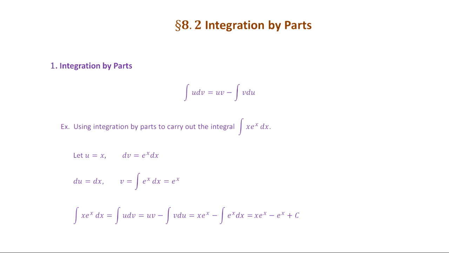But you can rewrite the problem as u dv, as we will see later. Then it will be hard to integrate it directly. Then you try to change this integral into the one on the right, which is uv minus the integral of v du, and you might be able to solve the problem easily. So you change the integral in this way.